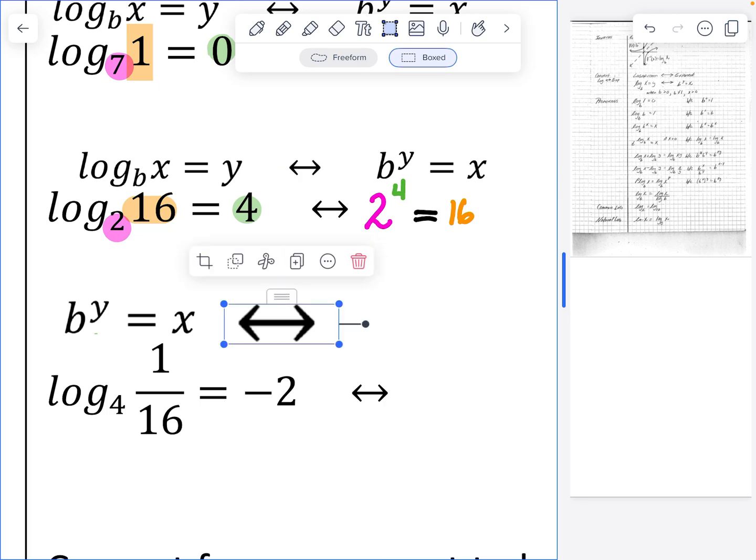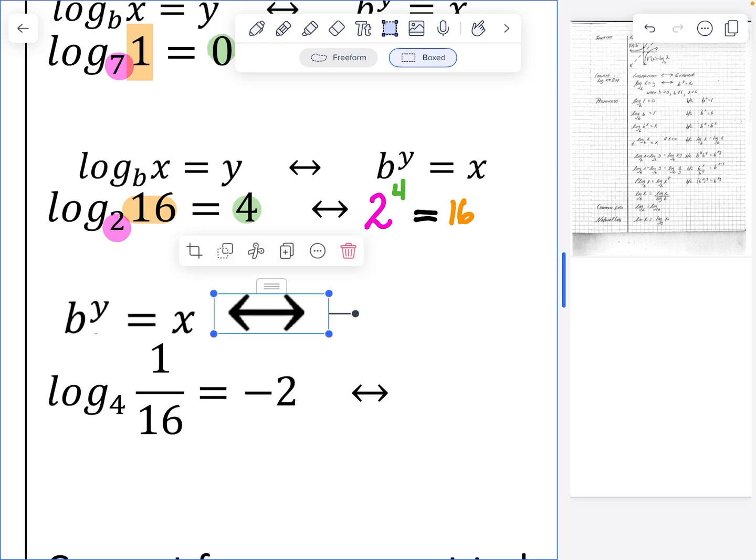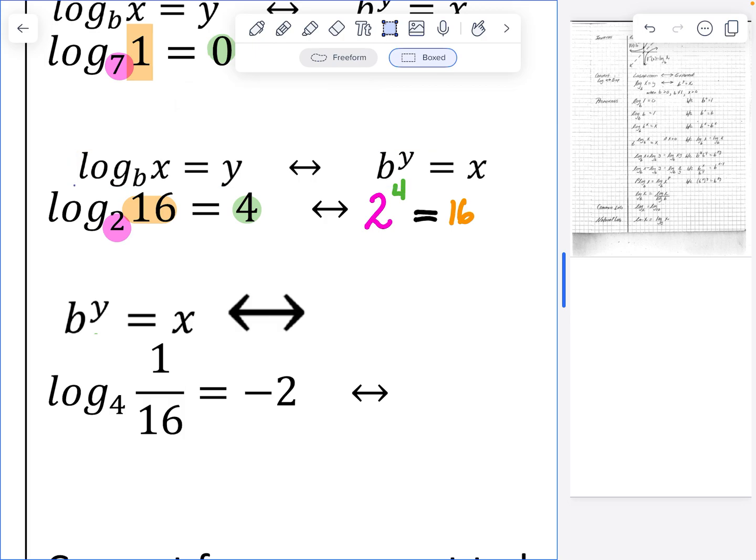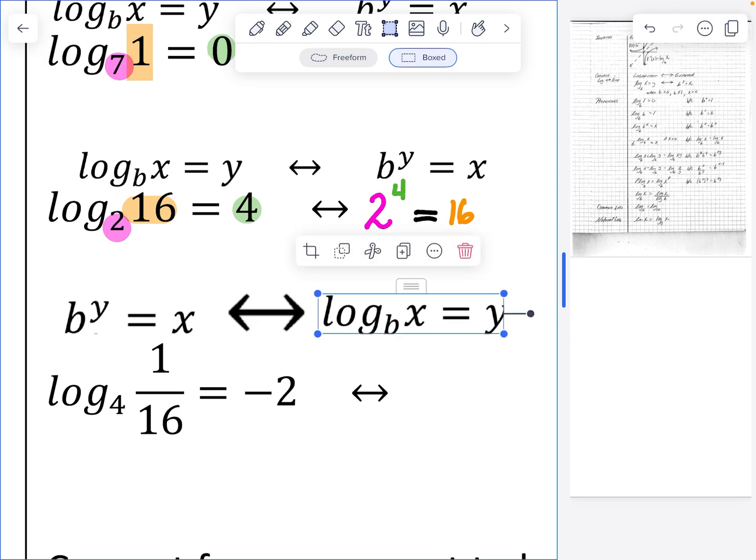Don't understand why it won't let me make it smaller. So not worth it. We're going to turn it into this. Sorry, struggling here with the technology. So now we're going to go the other way. We're going to start with an exponential equation, and we're going to write it as a logarithm equation.